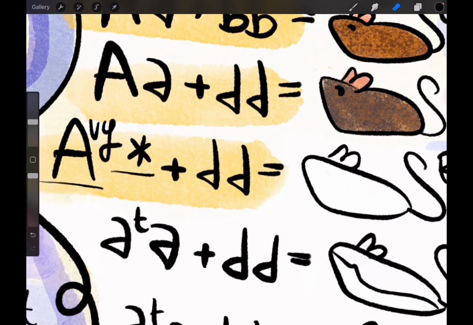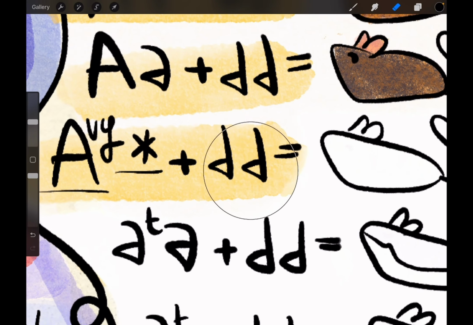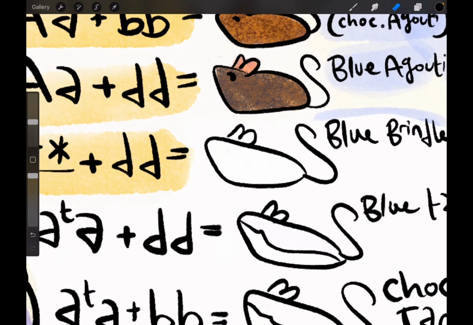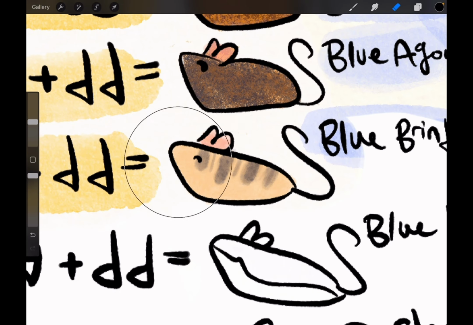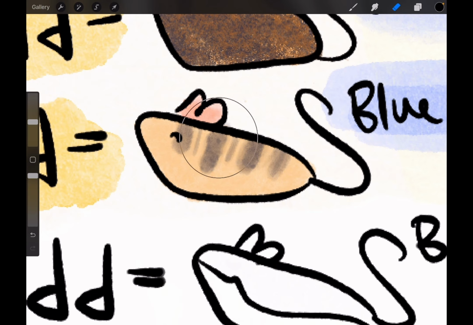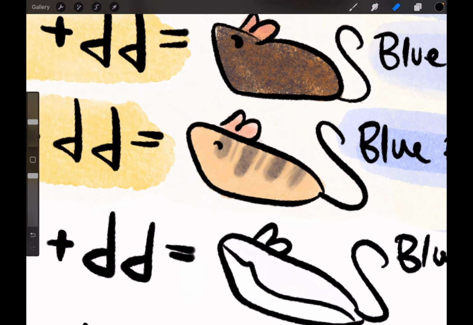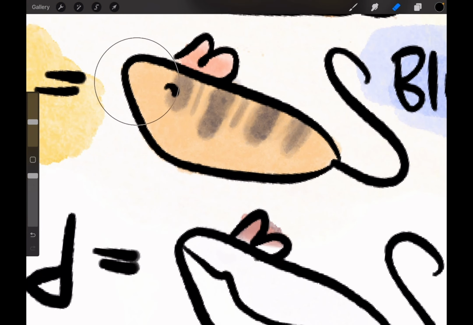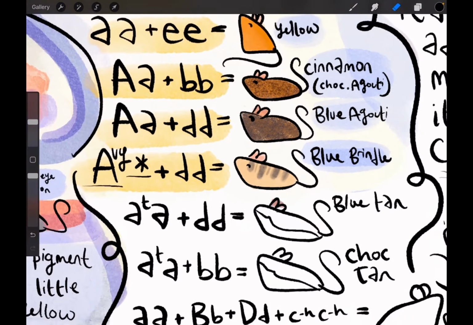It's homozygous, which means this is going to be blue dilution on top of brindle, and as we said, blue turns black pigment to blue and yellow pigment to straw. Which means that this mouse is going to be a blue brindle. Those stripes, which would normally be agouti, are going to be that blue color instead, and the body, which would normally be yellow, is going to be that creamy straw color.